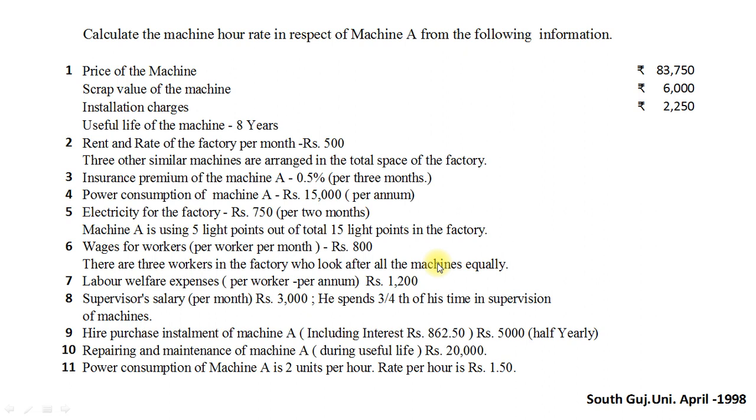So 2,400 divided by 4 machines. So wages for machine A would be rupees 600 per annum.